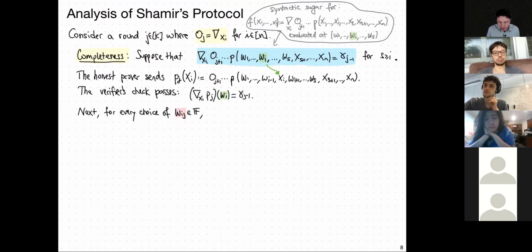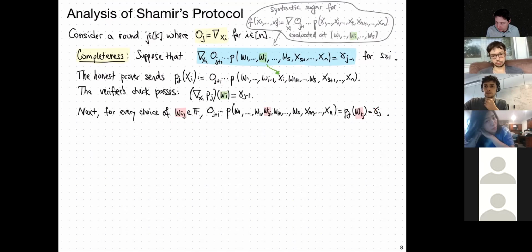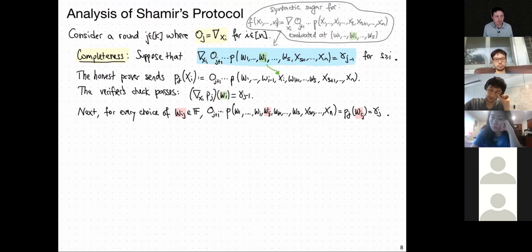Now, for any choice of gamma ij, the new value for the ith variable, the output gamma j, is set by the verifier to be whatever was received at gamma ij, but because the prover sent this expression, that is the right thing. So you go from a true claim to another true claim, the next one with one operator less.